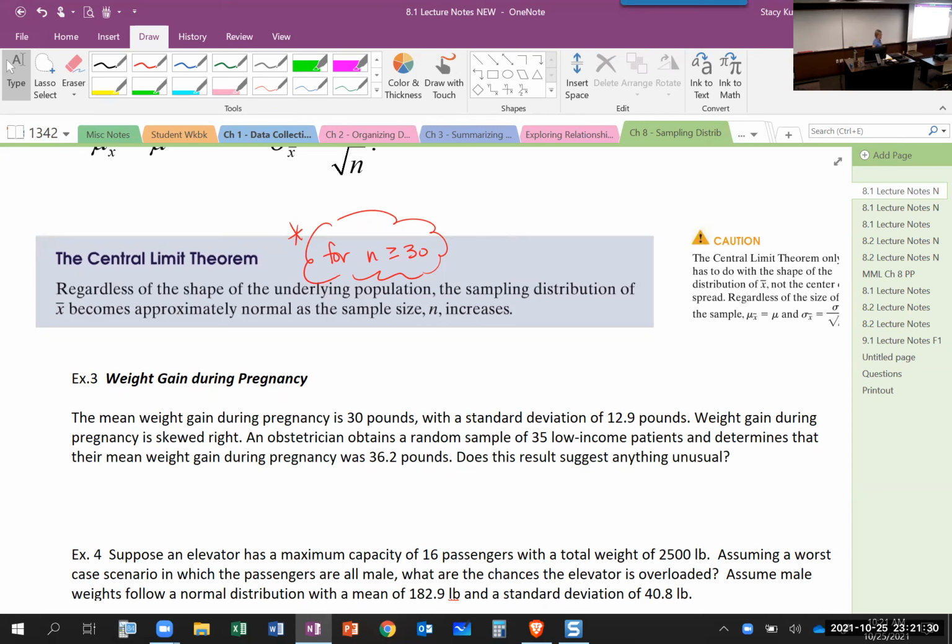That's what the central limit theorem says. It only has to do with the shape, with that shape moving from a skewed to a normal distribution.